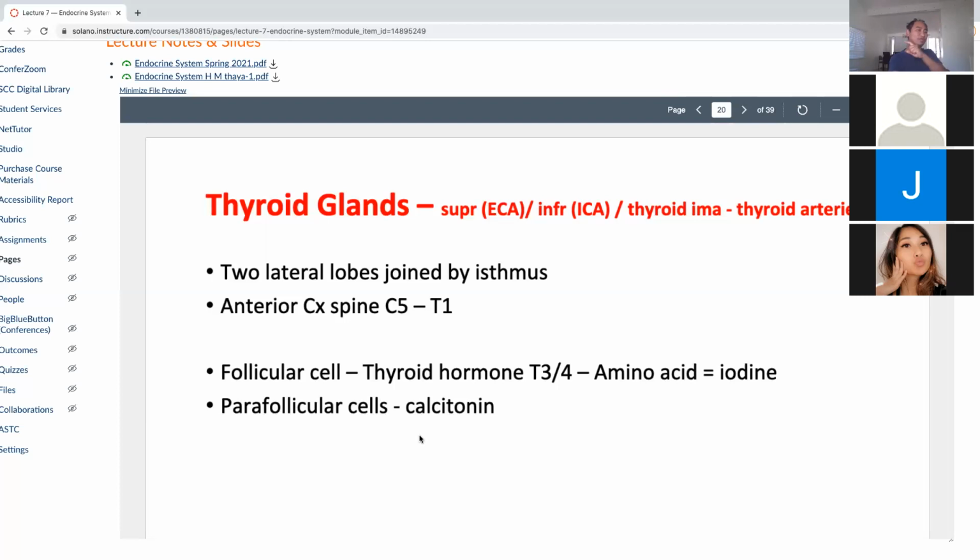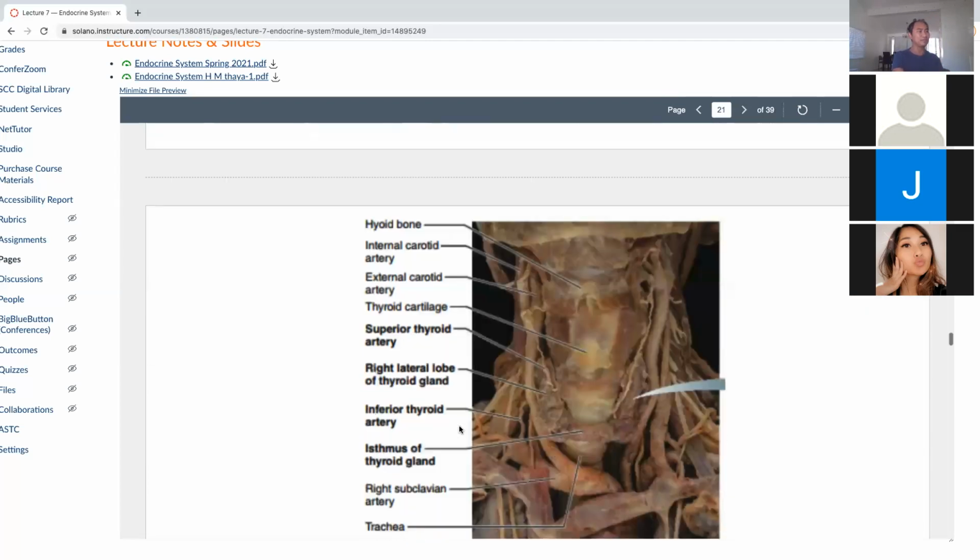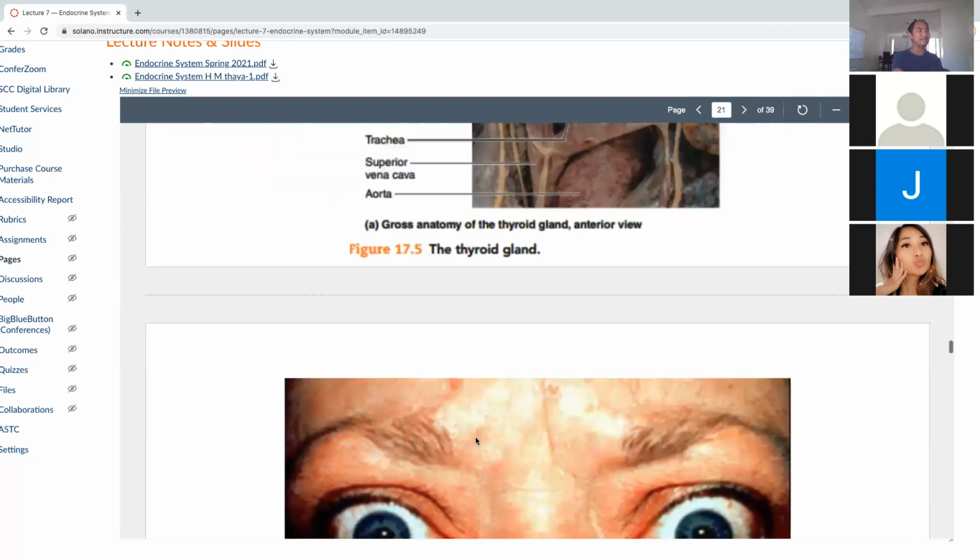Calcitonin, calcium tonic. It enriches the bone with the calcium. That is what we call calcitonin. It does not take more calcium into the blood. It is not for the blood, it is for the bone, calcitonin.